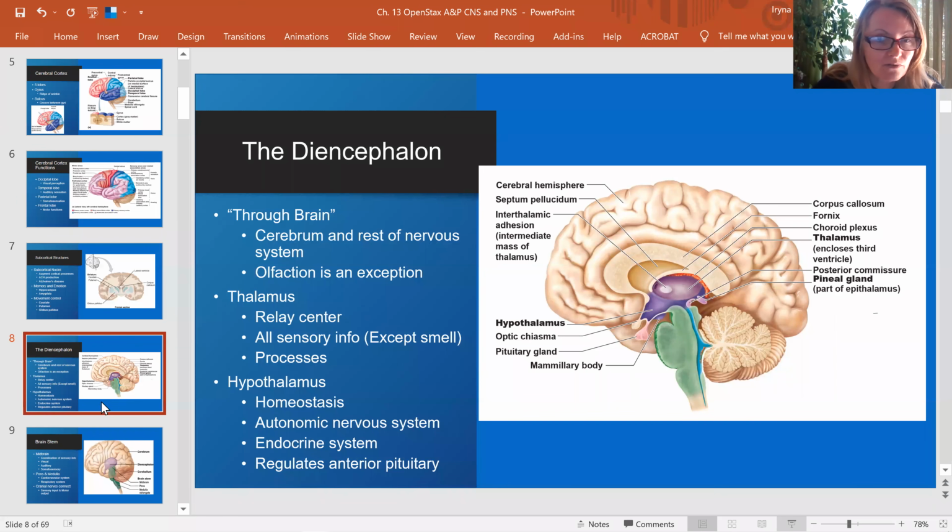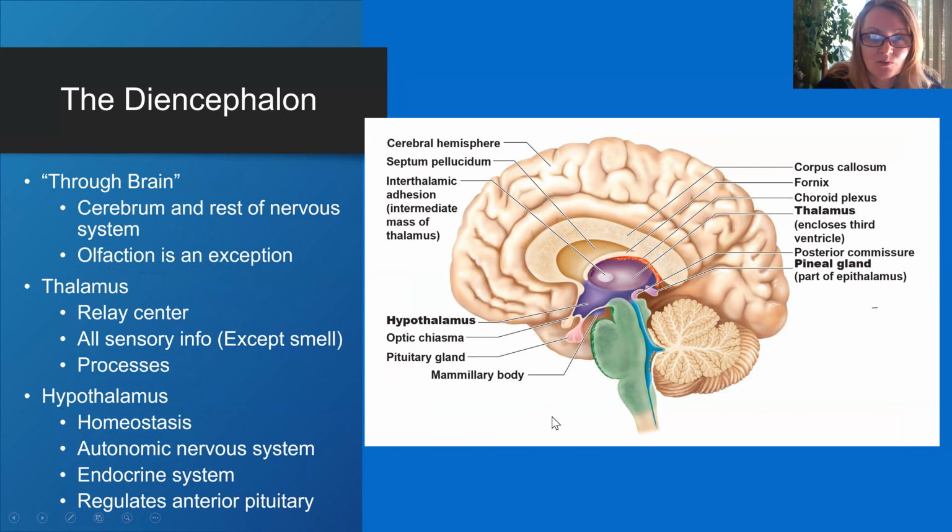I just found it easy to do this, so all my drawings here are removed. So thalamus is this structure over here, and you have two of them. So we have two thalami, and they are egg-shaped structures connected through this adhesion called intermediate mass or interthalamic adhesion.